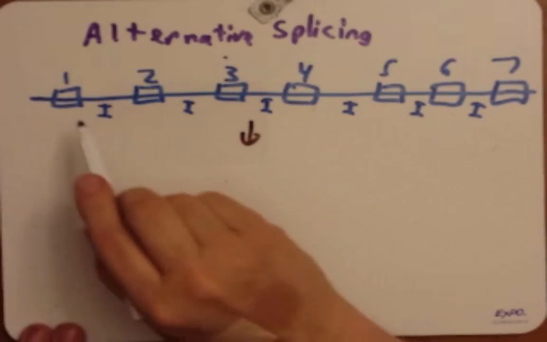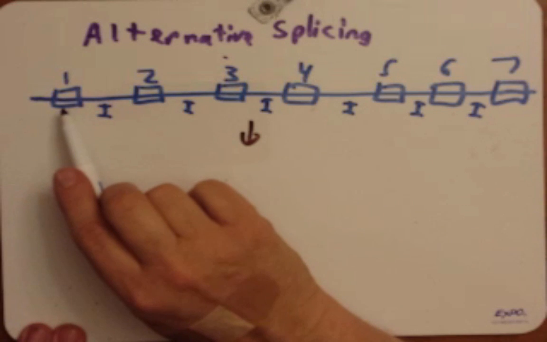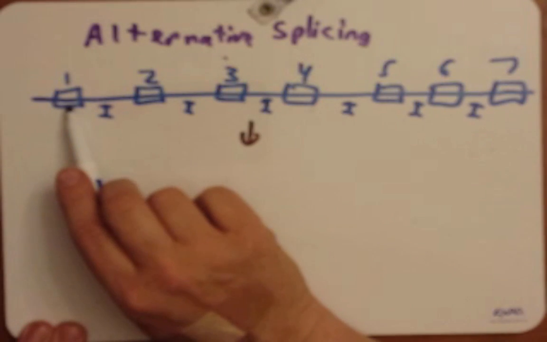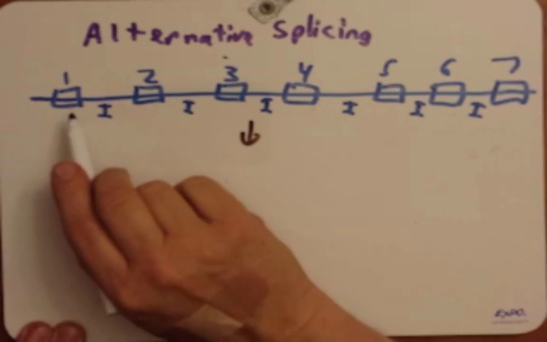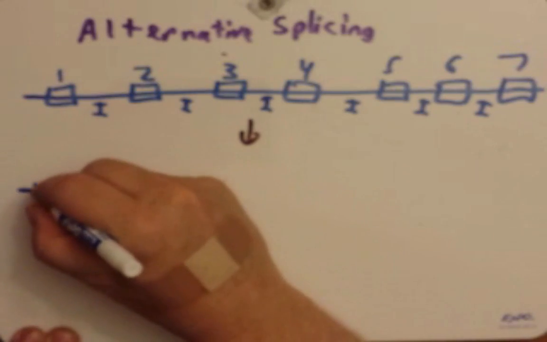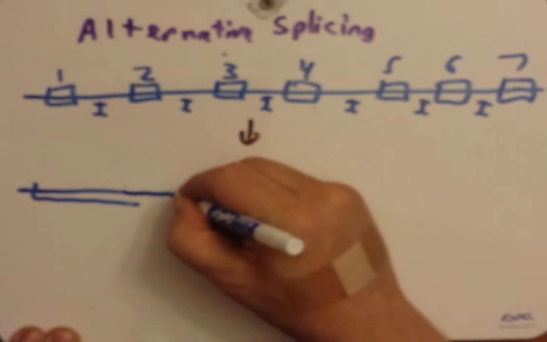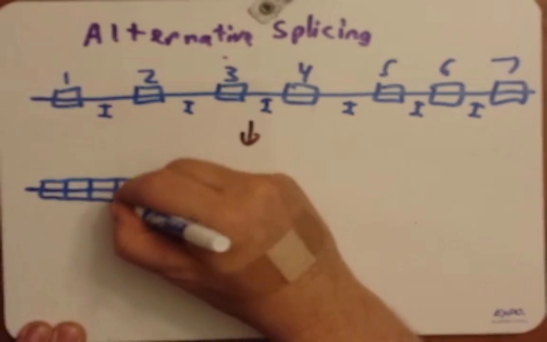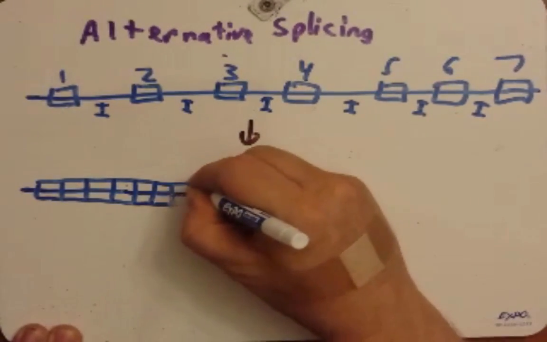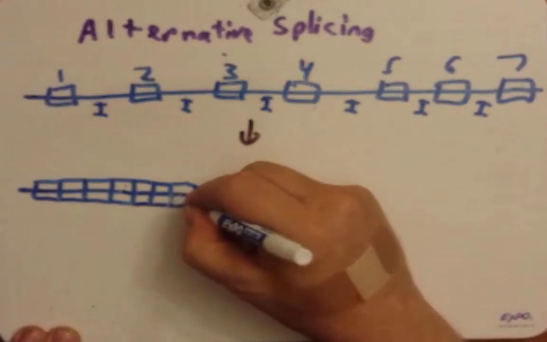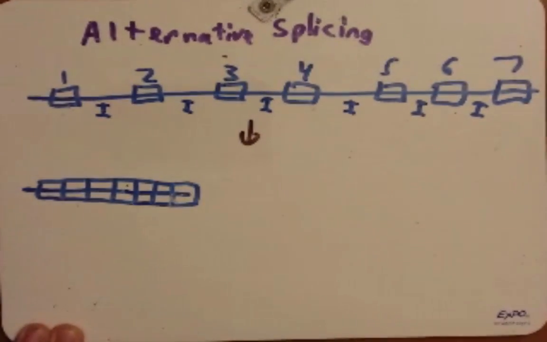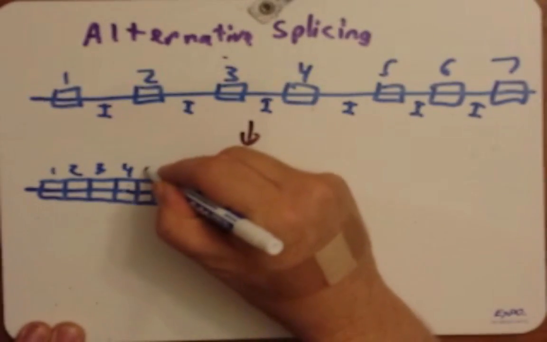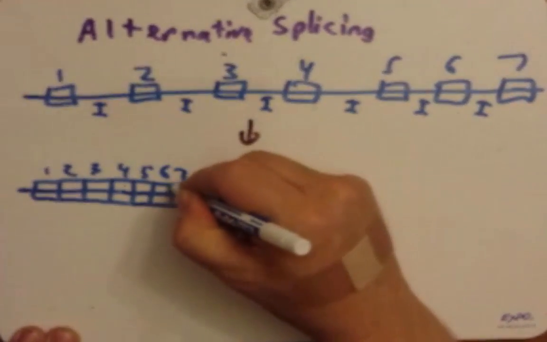And in doing so, you end up with a mature messenger RNA that would contain a message with exons 1 through 7. So 1, 2, 3, 4, 5, 6, 7. Okay, so it would have all 7 exons.